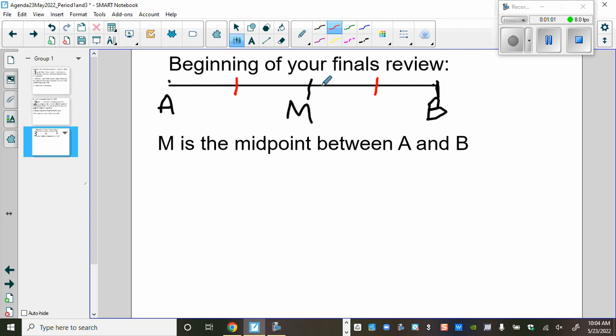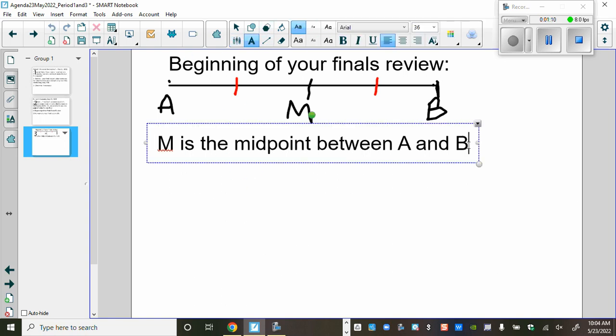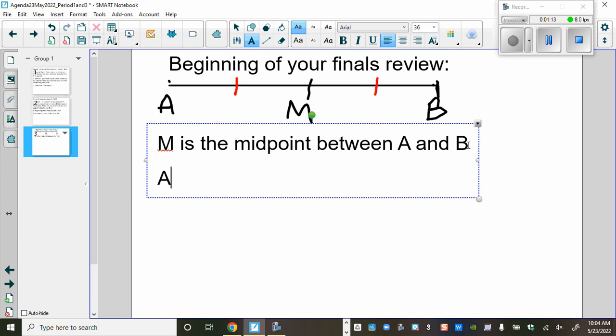They're equal to each other. So AM would equal MB.